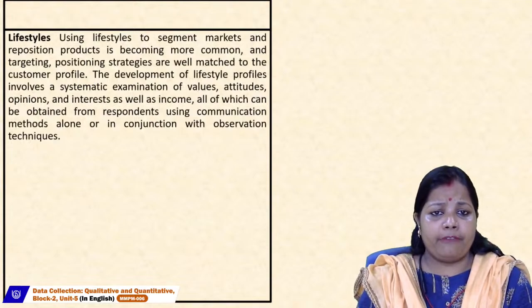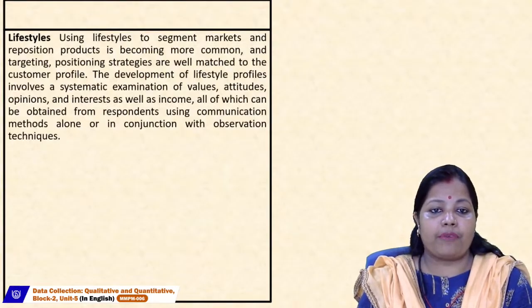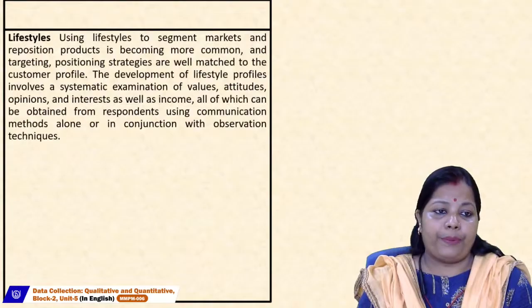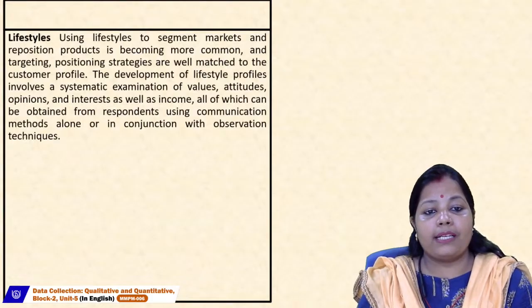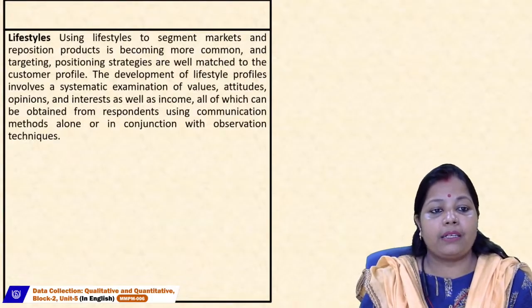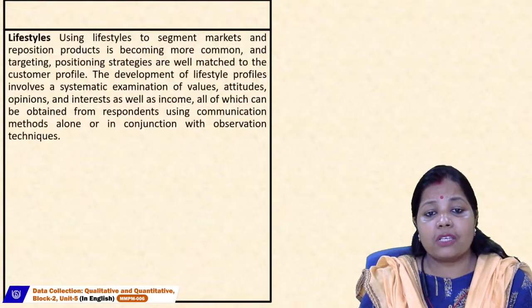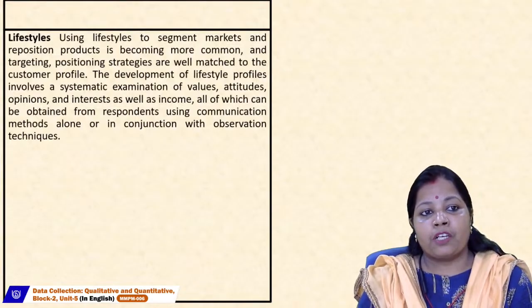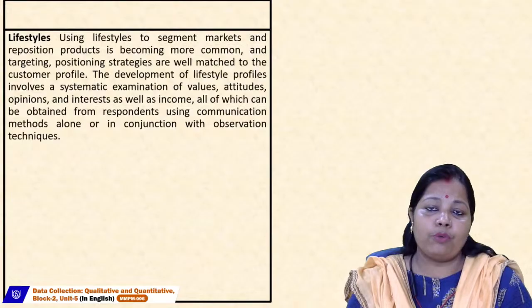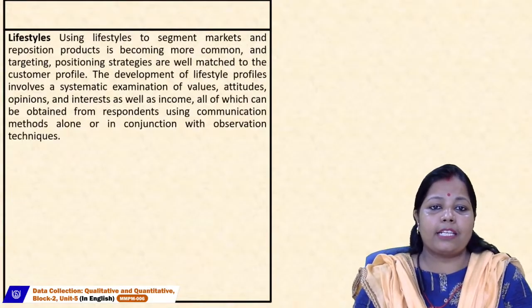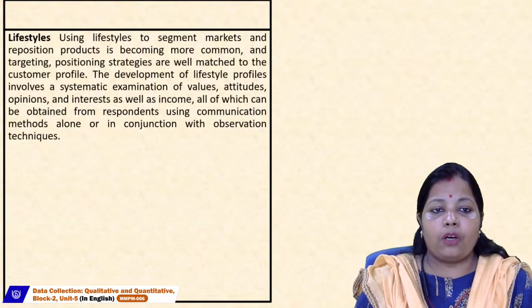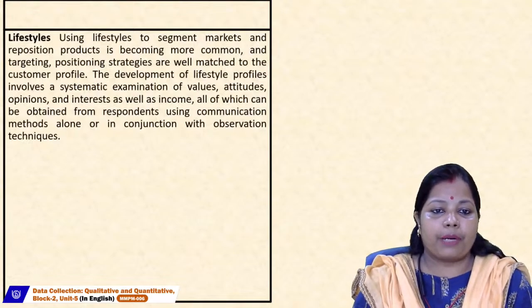The development of lifestyle profiles involves a systematic examination of values, attitudes, opinions, and interests, as well as income, all of which can be obtained from respondents using the communication method alone or in conjunction with observation techniques. So lifestyle is also a most important part for the respondent. According to the lifestyle, the respondent will behave or give information as primary data.